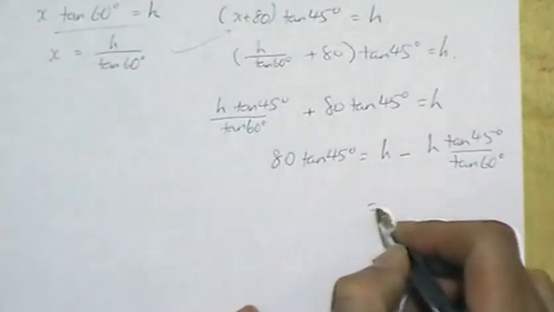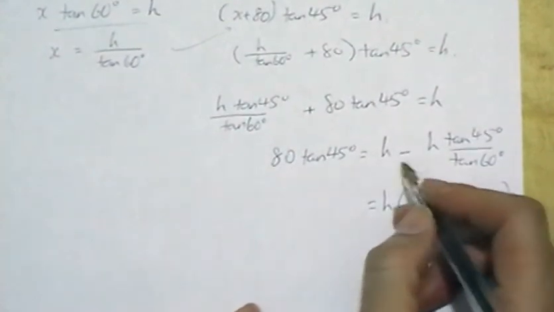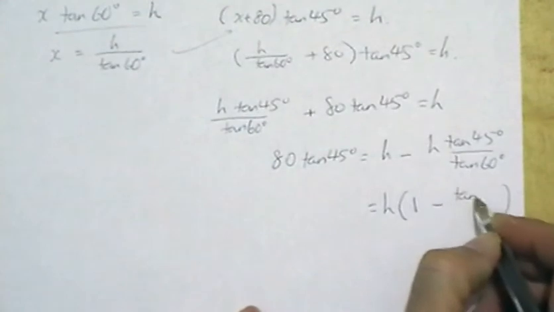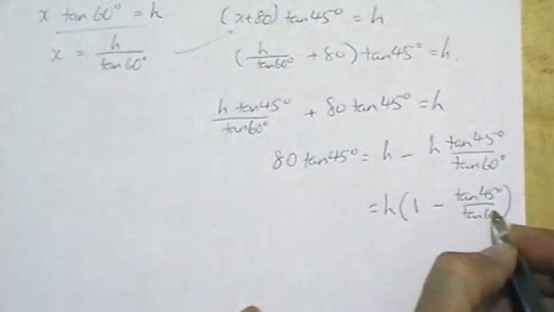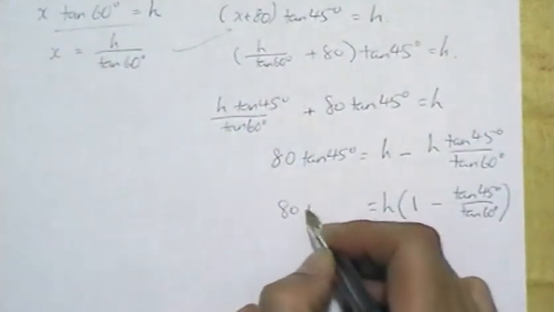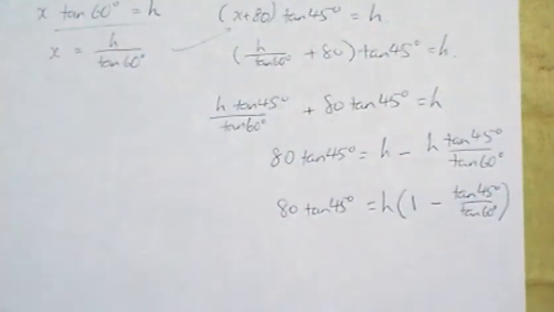And now I can factor out the h. That gives 1 minus tangent 45 over tangent 60. On the left is still 80 tangent 45 degrees.